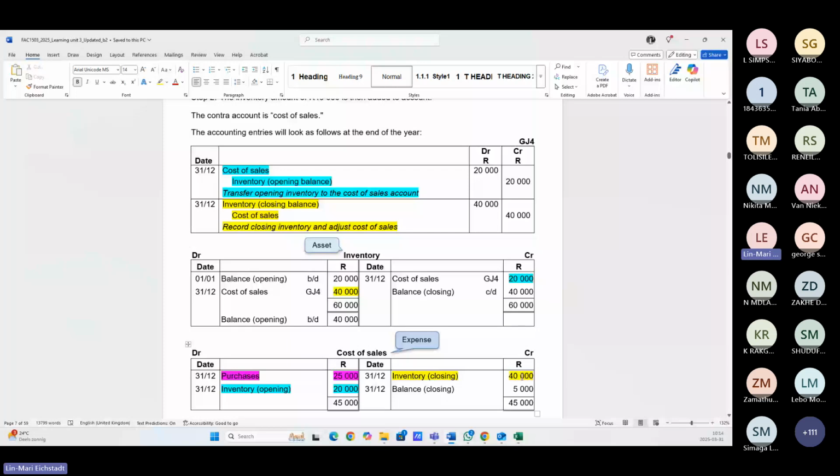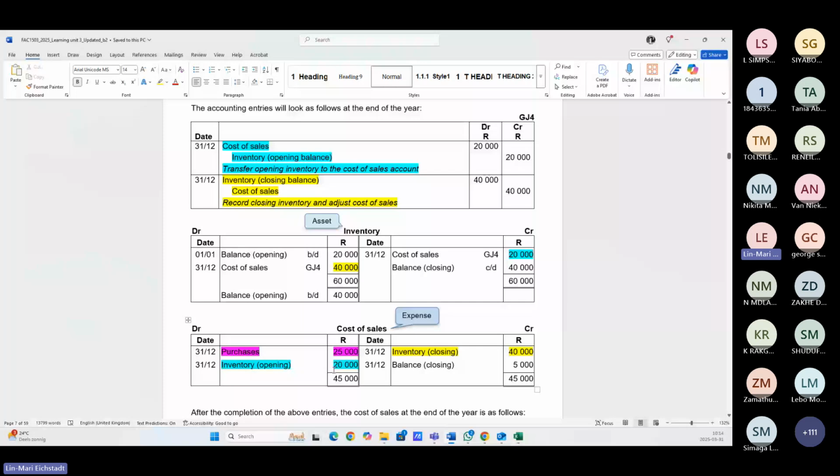So your assumption is correct. The closing inventory does go to cost of sales, but it also goes to our inventory account, so that our inventory account balance, which is our closing balance, forming our opening balance in the next period, equals the stock take, which is 40,000. But it also has to go to our cost of sales account, as we have to see what was our inventory at the beginning of the year, what did we add to it, what did we purchase, what is our closing inventory, so we can basically see what is left.